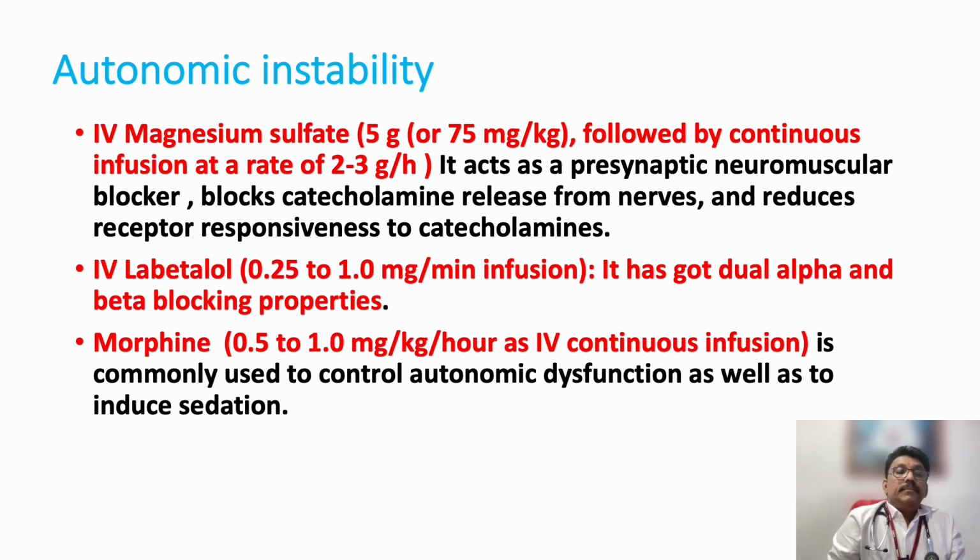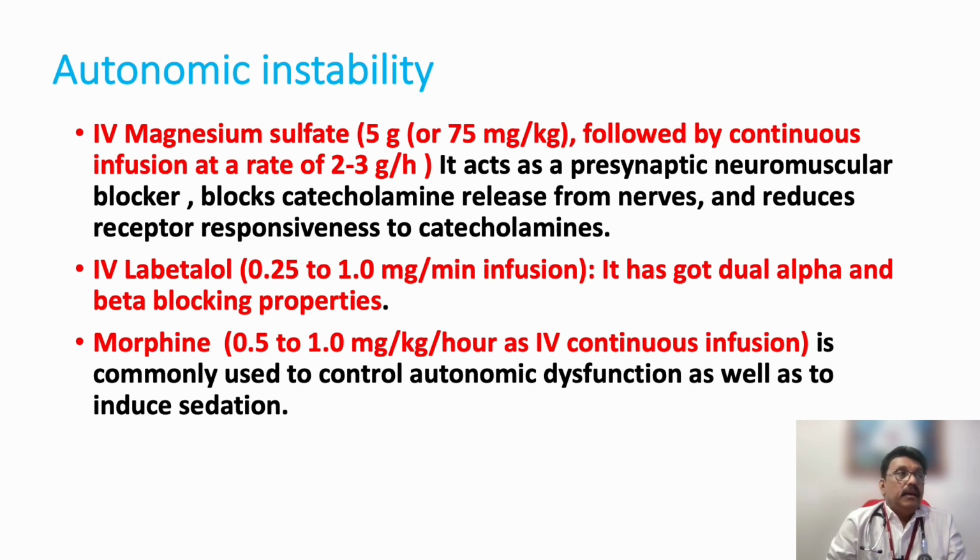Now, autonomic instability should be treated with magnesium sulfate or labetalol or morphine. Magnesium sulfate 5 gram followed by continuous infusion at a rate of 2 to 3 gram per hour can be given. IV labetalol should be given if there is tachycardia or ST elevation, or if the patient is having hypertension.